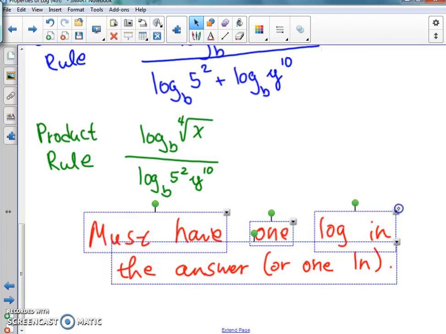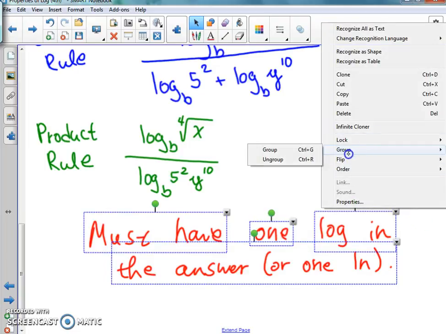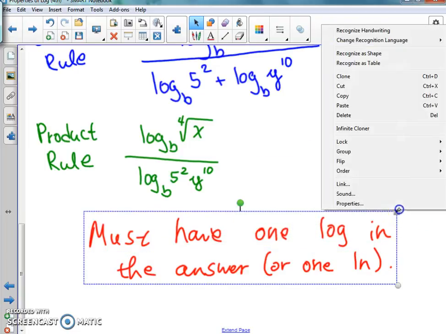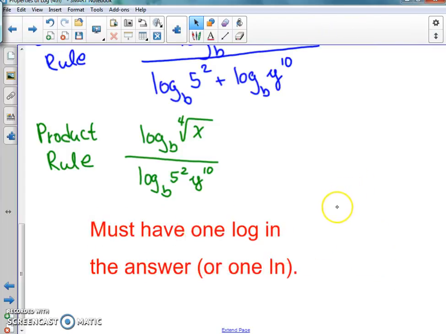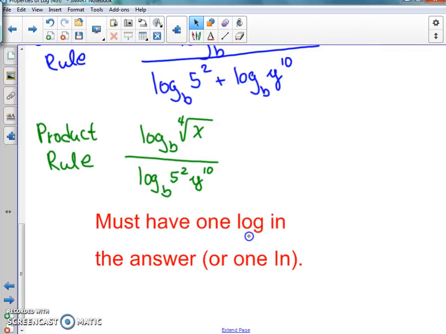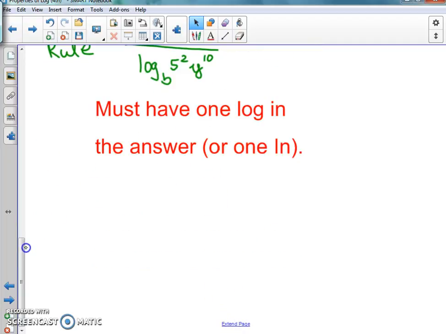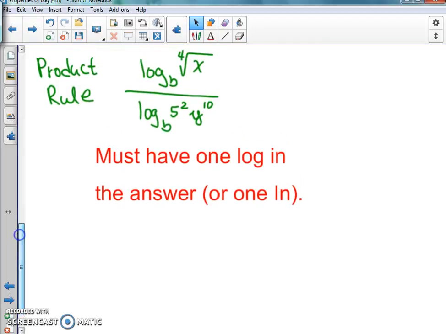Let's see, hopefully that reads it. Read it. Please read it. Perfect. Yay. All right. So we must have 1 log in the answer or 1 natural log in the answer. All right. So with that, we're going to condense it down so we have 1 log.